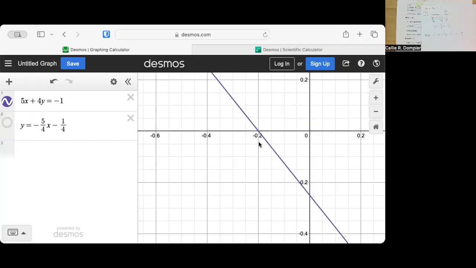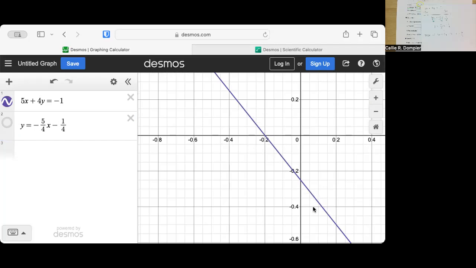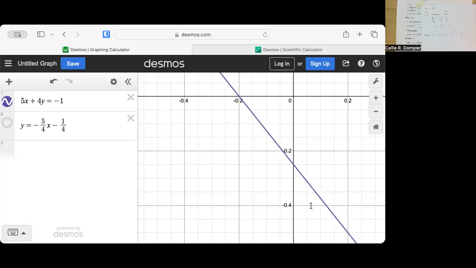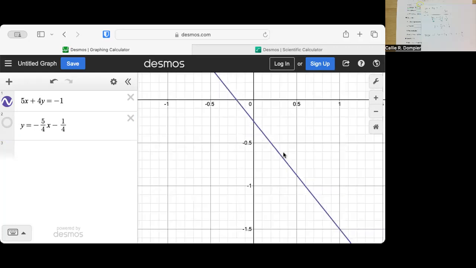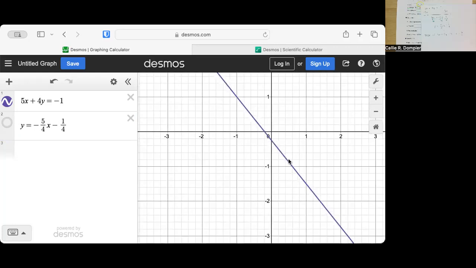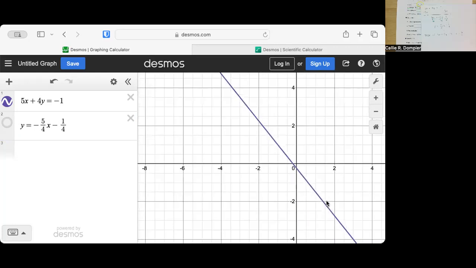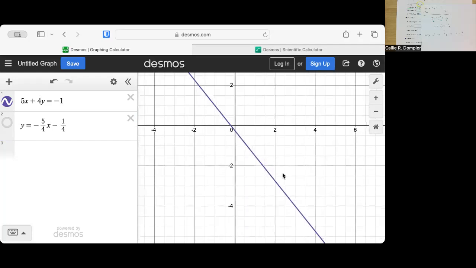Now, let's see if we can find some points on this line. 3, -4. Yeah.